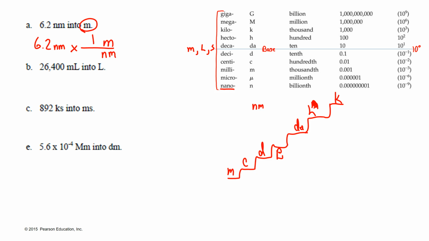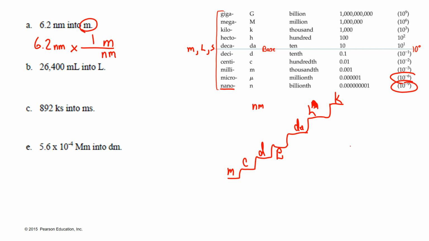The way I do this is I look at the exponents. Nano is 10 to the negative 9, and base is 10 to the 0.